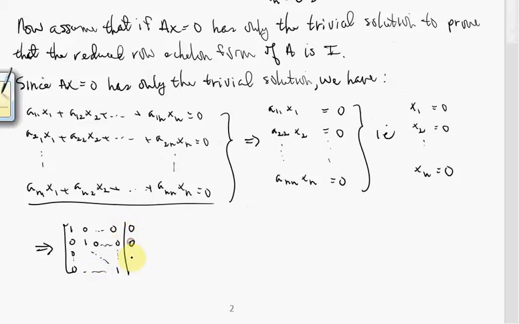Get 0, 0, and so on, 0. I mean, the trivial solution implies that this is what? This is the identity matrix, right?